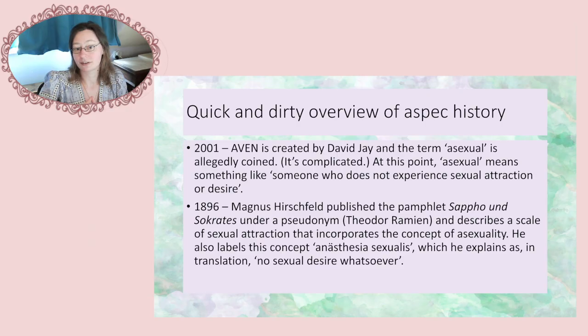He also gives this concept a label. He gives it a name, anesthesia sexualis, which in translation means something like no sexual desire whatsoever. You can see where the definition no sexual desire whatsoever overlaps with someone who does not experience sexual desire. They are basically the same thing, just worded differently.